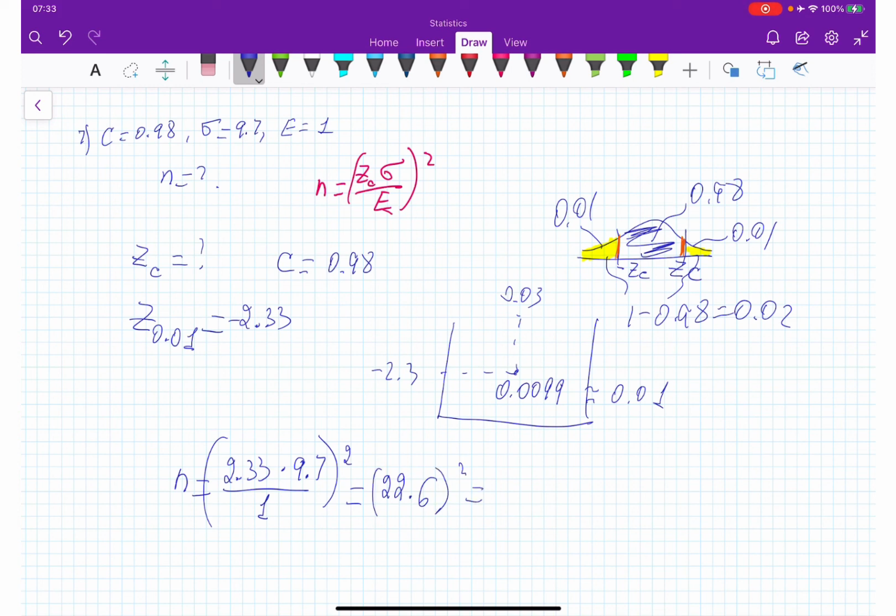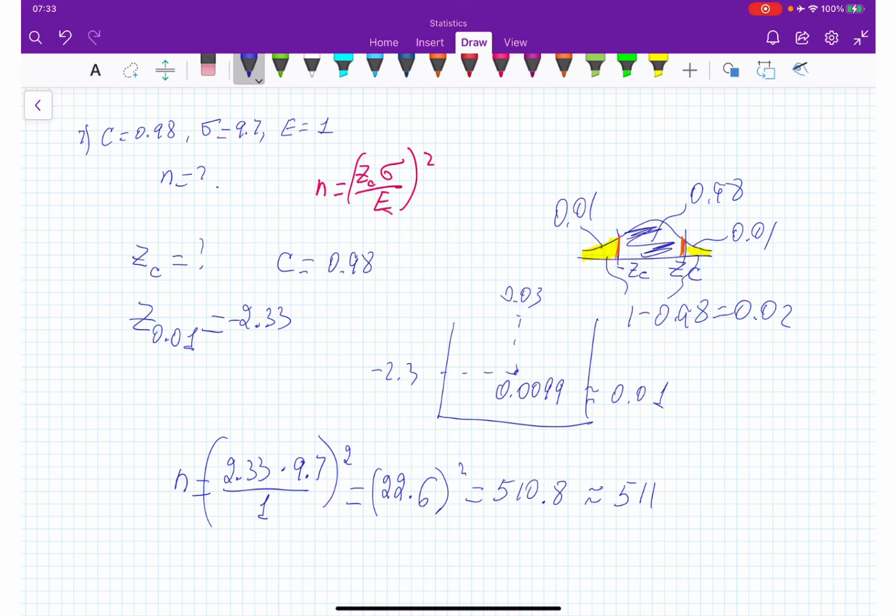So let's see, that's going to be 510.8, which means rounding up to 511.